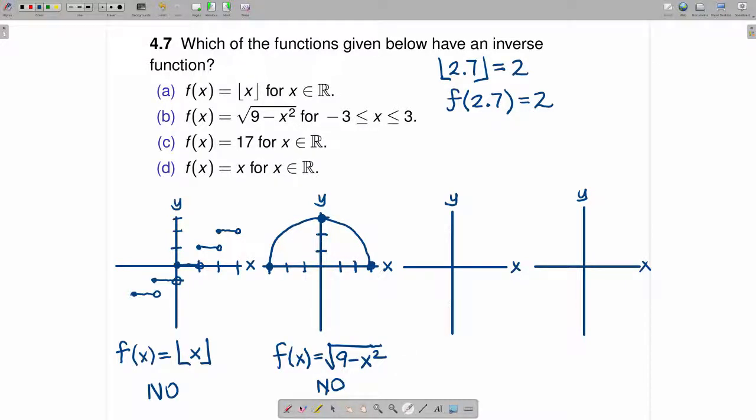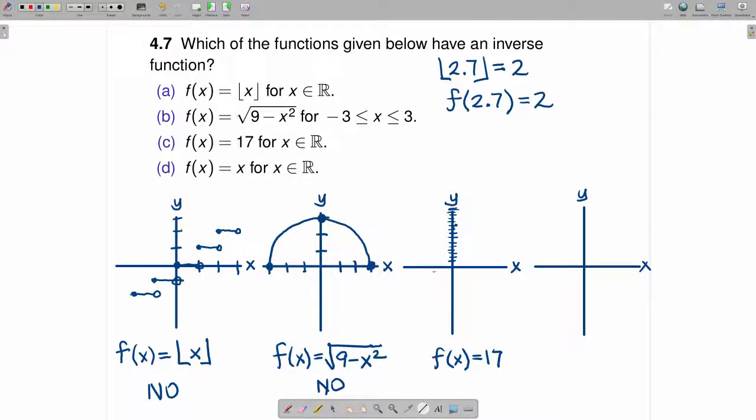Next one, f of x equals 17 for all real numbers. Well, in this particular case, if I draw 17 tick marks, there they are.